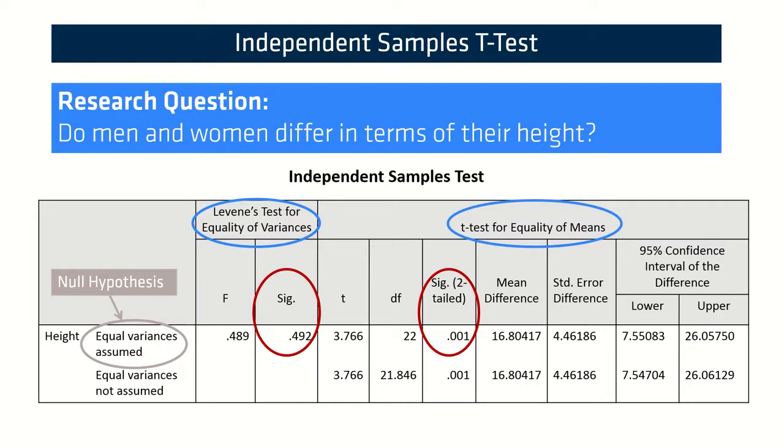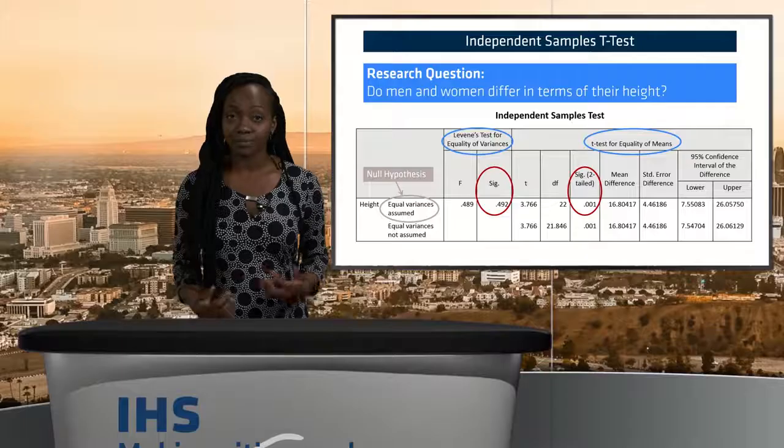Our null hypothesis for the t-test is that men and women do not differ in terms of their height. Reading from the two-tailed significance output, we see that the value is less than 0.05, which means that we reject the null hypothesis and we accept its alternative. We then conclude that men and women do differ in terms of their height.